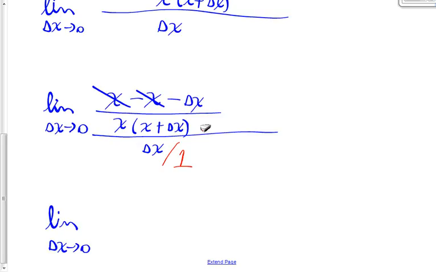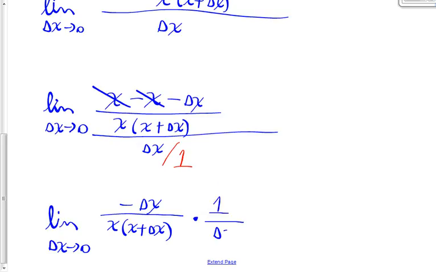I'm going to write the top fraction, which is negative delta x divided by x times x plus delta x. And then I'm going to multiply by the reciprocal of the denominator here, which is 1 over delta x.